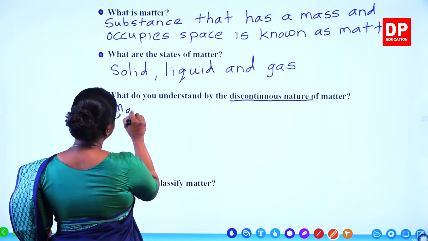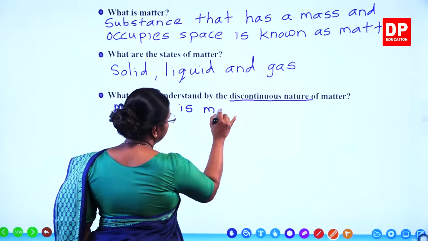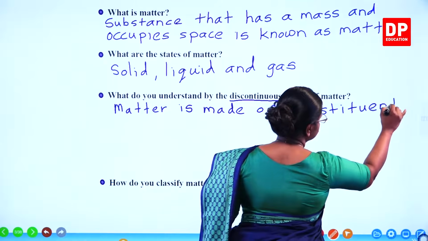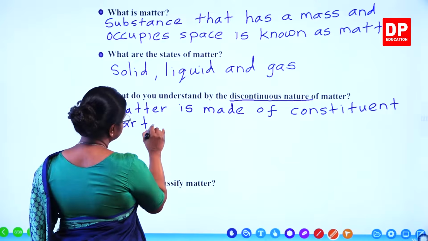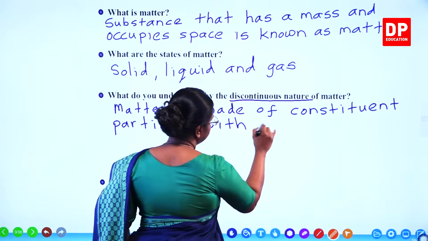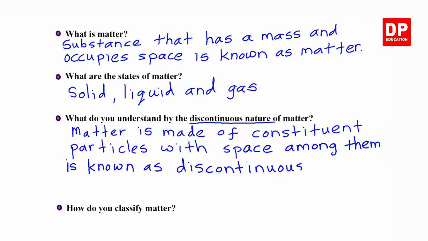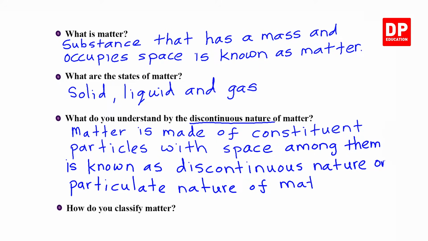So, we can say matter is made of constituent particles with space among them is known as discontinuous nature or particulate nature of matter.